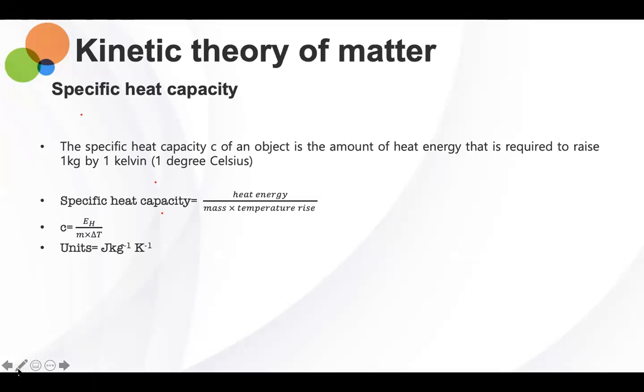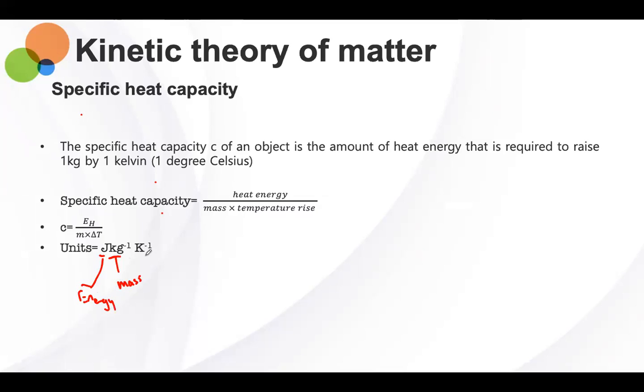If you look at our units, for which quantity is this attached to? Joule per kilogram per Kelvin. What's the kilogram for? Mass. So kilogram is for mass, and J is for energy.